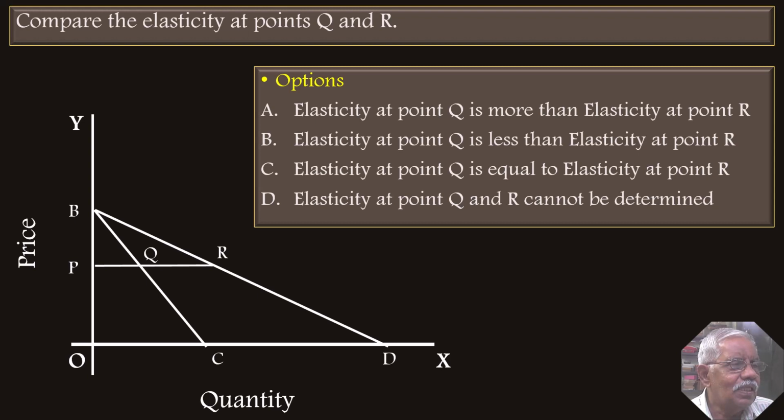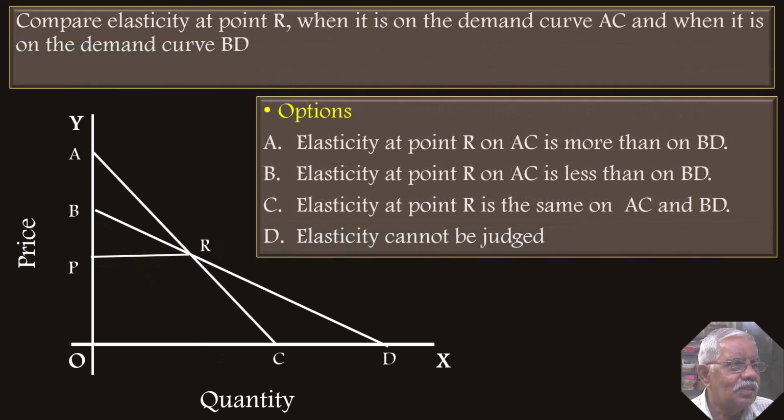This is yet another case. See this one. Compare elasticity at point R when it is on the demand curve AC and when it is on the demand curve BD. Demand curves with two different slopes cut each other at point R. We have to find elasticity at point of intersection with respect to the two demand curves.